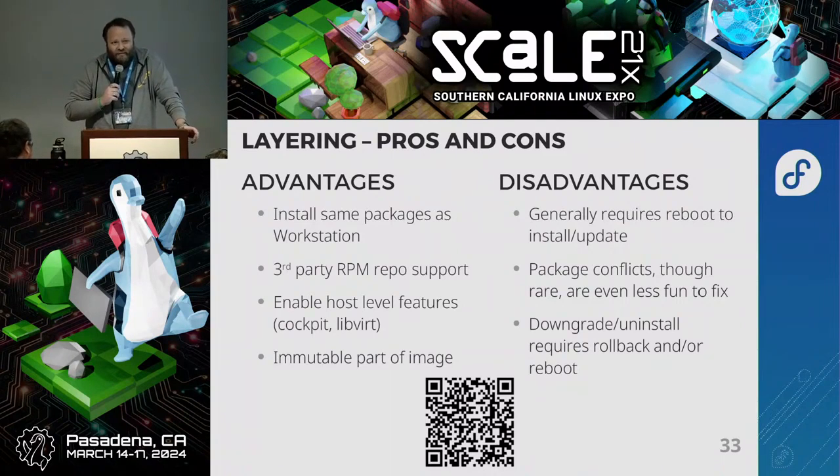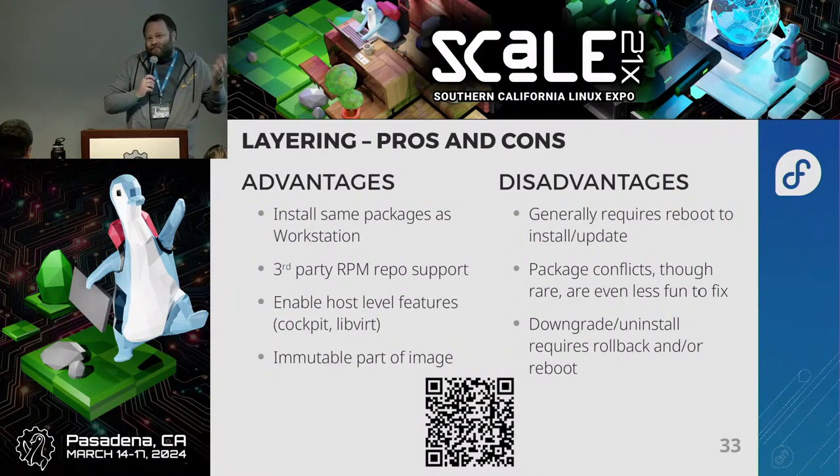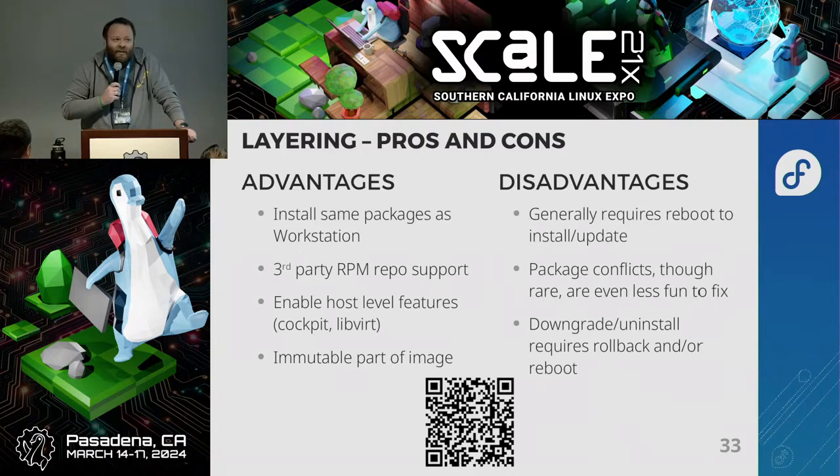Disadvantages: generally, you're looking at a reboot to do it. Package conflicts are rare, but they're not very fun to fix. And likewise, doing a downgrade or an uninstall requires a reboot, which, depending on your context or your workflows, may be a make or break situation.